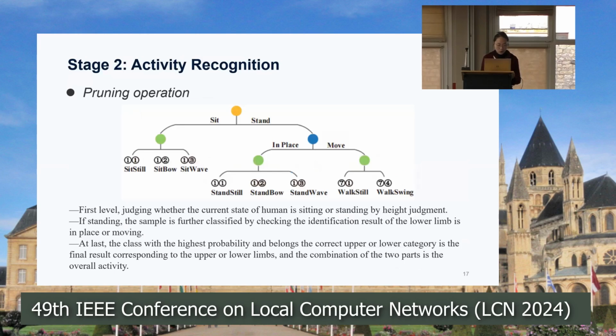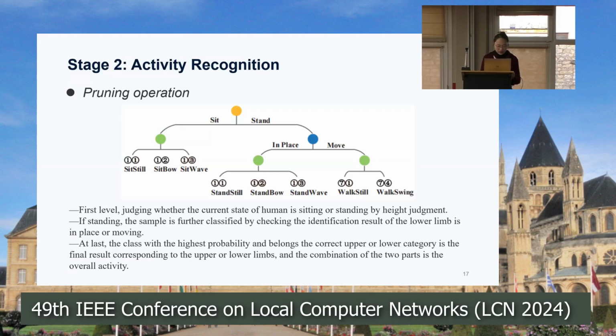Considering that only one unified classification model common to upper and lower limbs is trained during classification, a decision tree-based schema is suitable for obtaining the category of the overall activity. At the first level, we discriminate whether the current state of the human is sitting or standing.